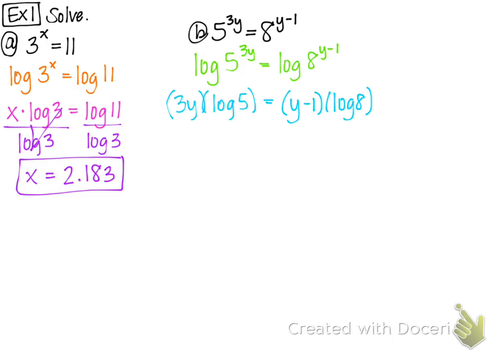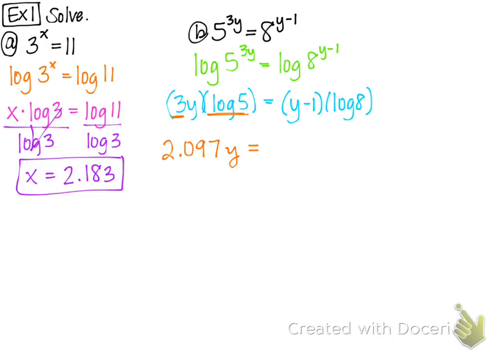Okay, at this point, we can go ahead and use the calculator to evaluate some things. So, on the left-hand side, we can multiply 3 and log of 5. So if you go in your calculator and you type in 3 times log of 5, you're going to get 2.097. Now we still got our y over here, so we're going to write y.